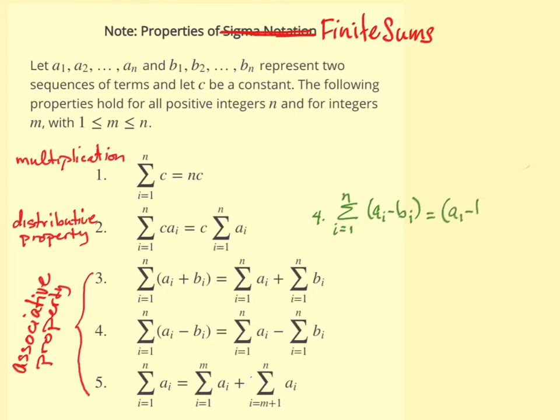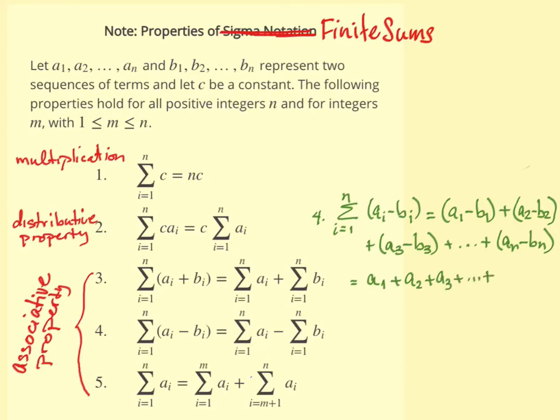So the first term is a1 minus b1. The second term is a2 minus b2. The third term is a3 minus b3. And it goes on to the last term, an minus bn. So notice we can take away those parentheses and write all the a's first, and then write all the b's, but the b's are being subtracted. So it's minus b1, minus b2, minus b3, up to minus bn.